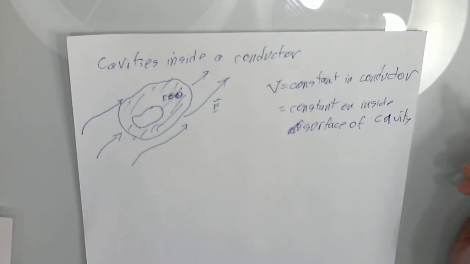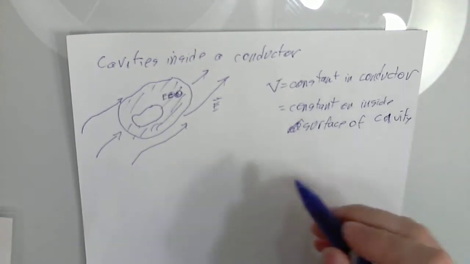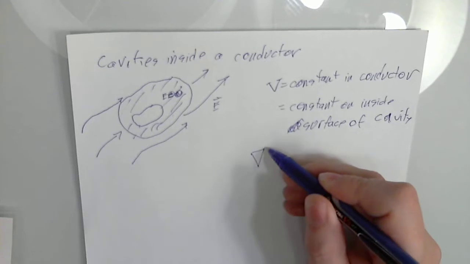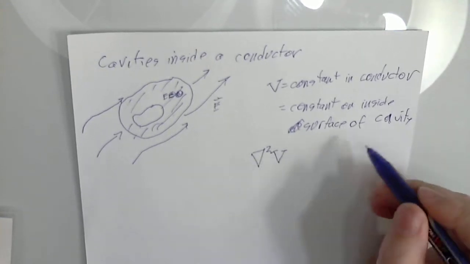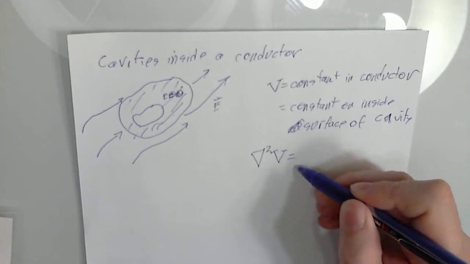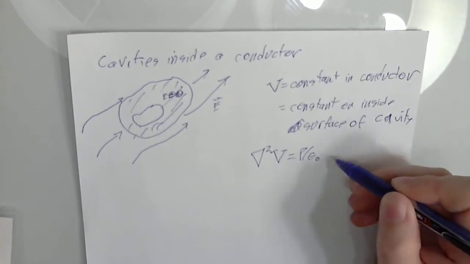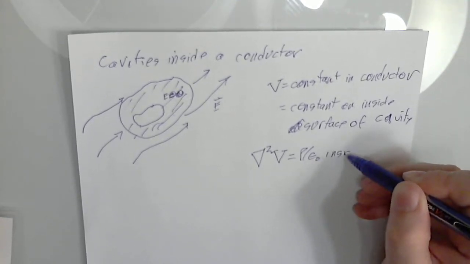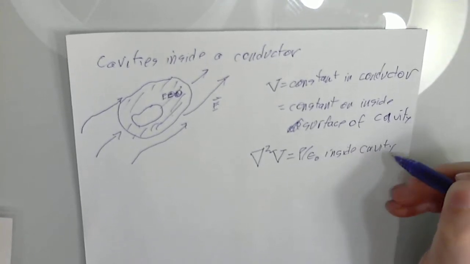And so we have a situation in which we know, remembering one of Maxwell's equations, that the Laplacian of the electric potential is equal to rho over epsilon naught inside the cavity.